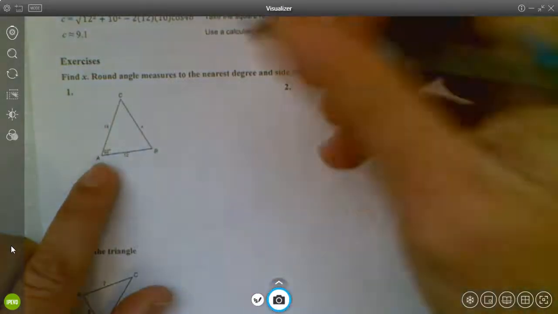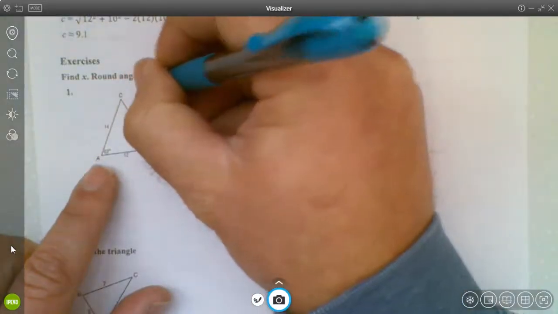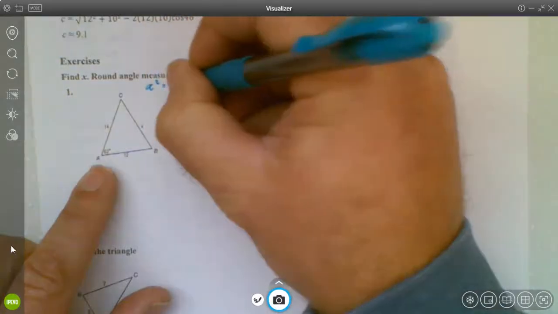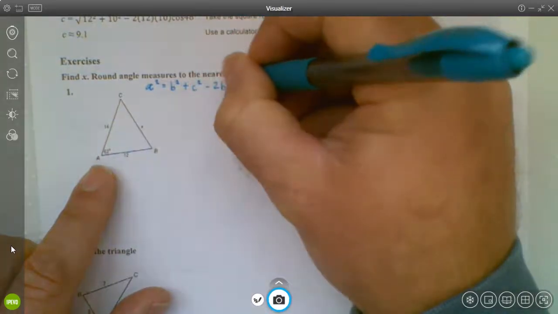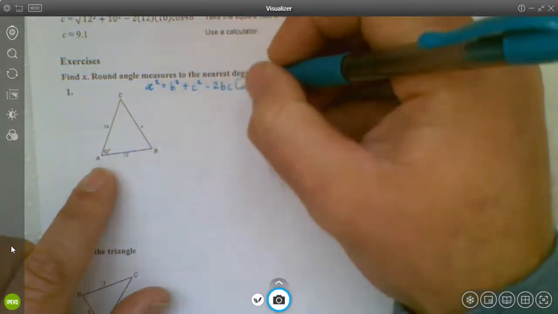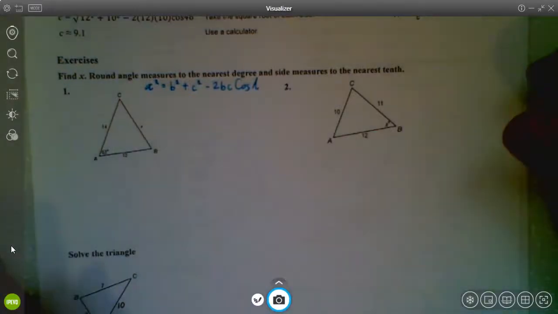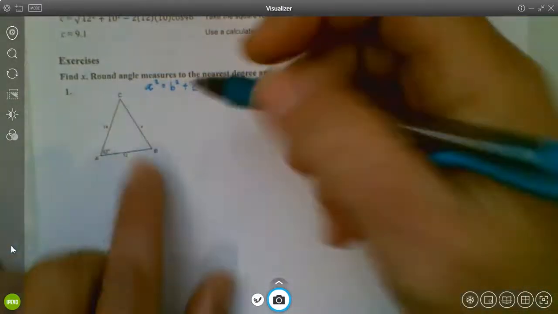So I'm just using the formula from up above that looks like this. So a squared equals b squared plus c squared minus 2bc cosine A. All right. So we'll start plugging in some numbers here. So we're going to isolate the x squared.